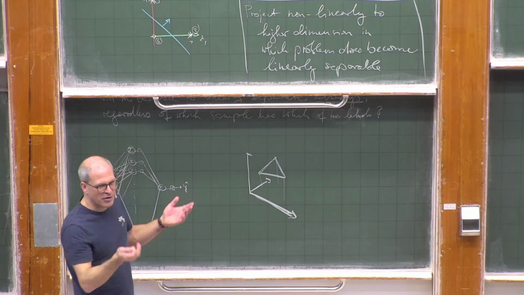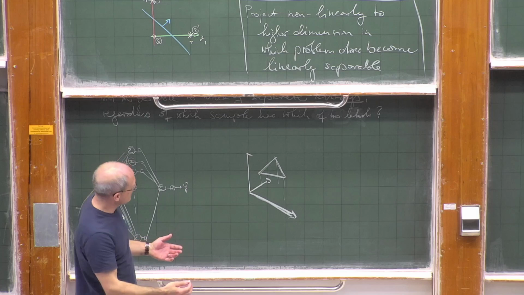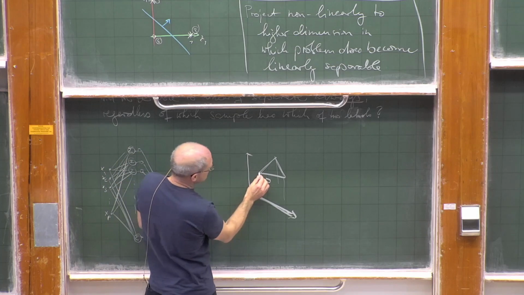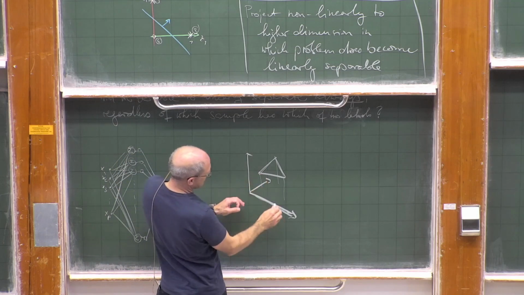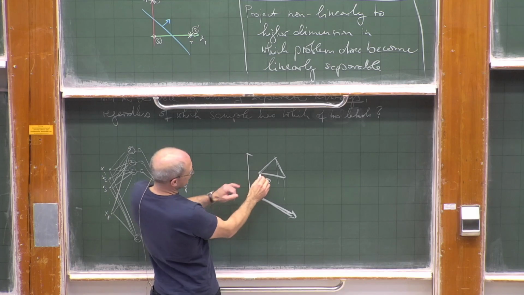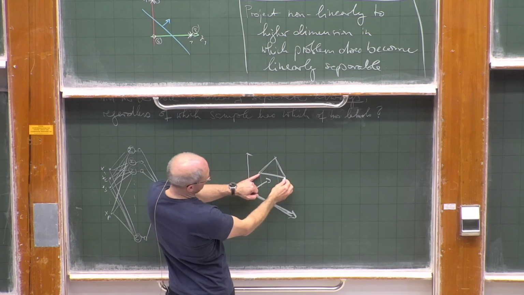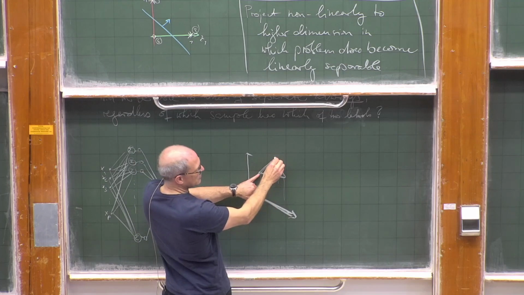And if I have 4 points in 4D space, I can always fit a plane through those, and so on. Yeah? And now in this space, I did not yet indicate the label. So this could be class 1 or class 2, this could be class 1 or class 2, that one could be class 1 or class 2.